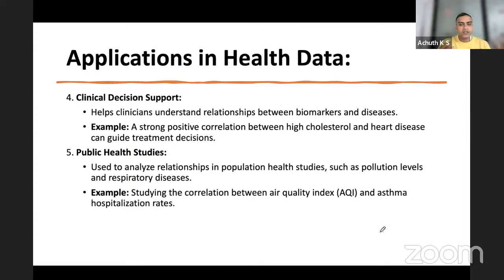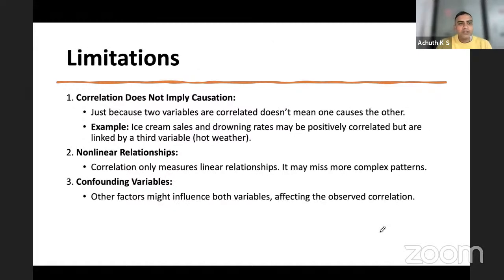Whether the air quality index is high or low, you can correlate the number of cases with the number of hospital admissions for asthma. Limitations: it measures only linear relationships, that means one-to-one. If the weather is bad, the cases of URTI increase. It does not take confounding variables into account.